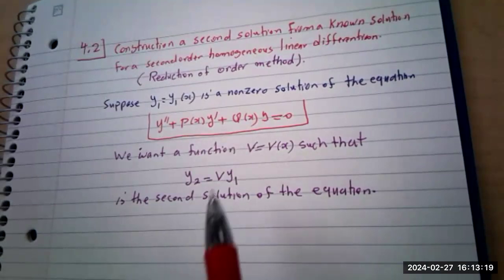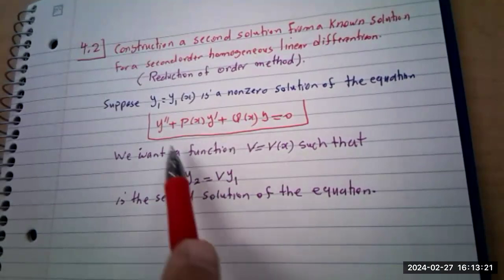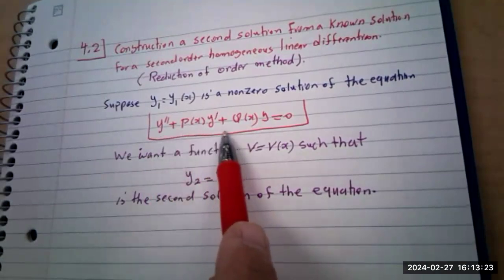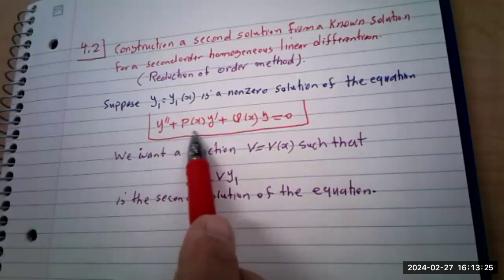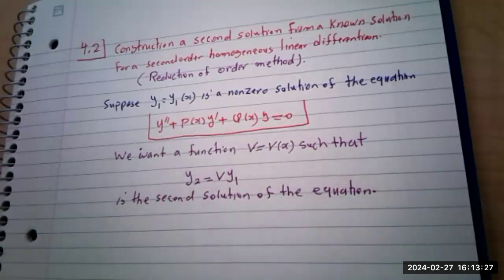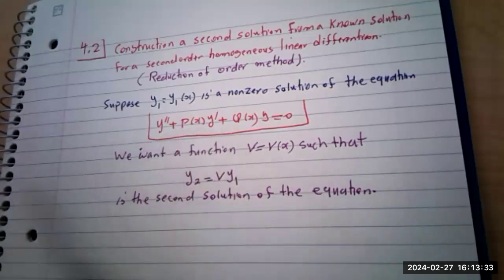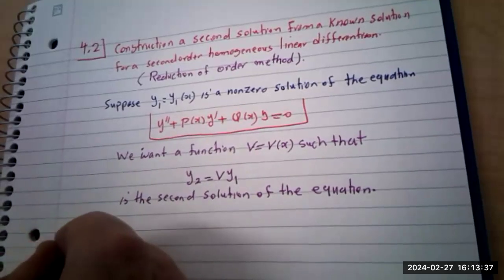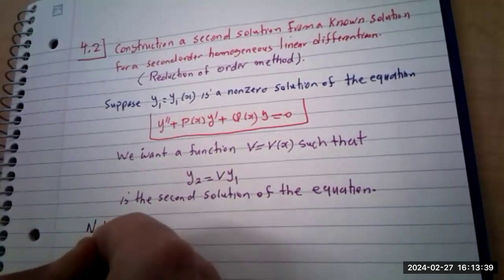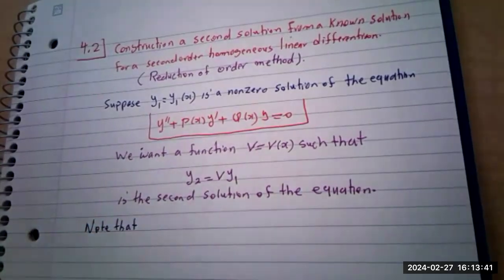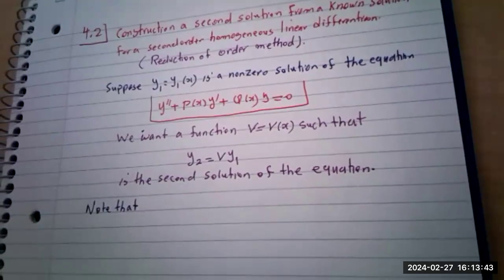So what you have to do is substitute this new function into the equation. In order to do it, you need to find the first derivative and the second derivative. Note that you want to force it to be a solution of our equation.